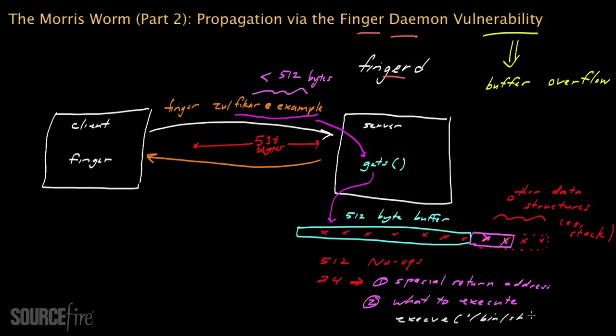In particular, when the finger daemon finishes running, in general, control was supposed to have been passed back to whatever it was before, but because that address was overwritten with this artificially long finger command, control actually ends up getting passed over to the place where the newly written address points, which now contains a command to execute the Unix command shell.